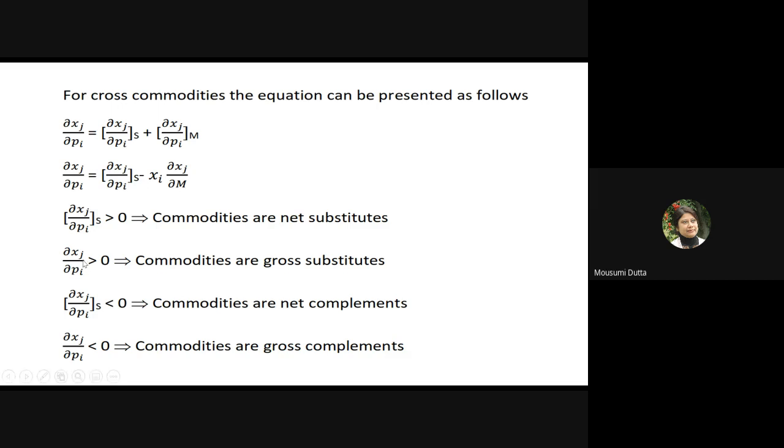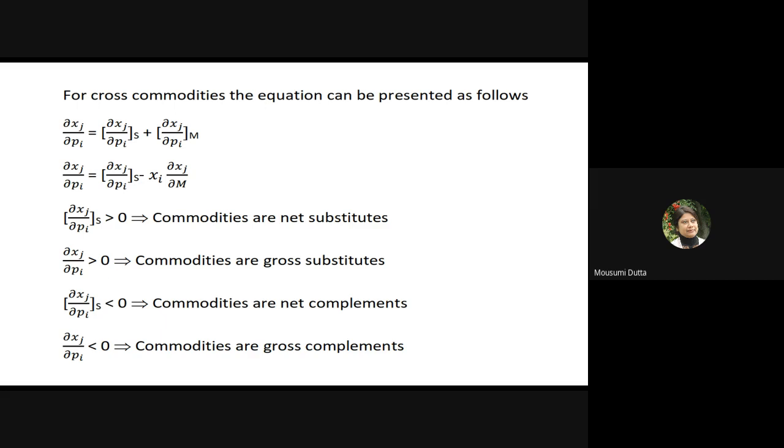On the other hand, in the example I started to tell you, when the price of x2 is falling, the demand for x1 is reducing if and only if people start substituting x1 by x2.